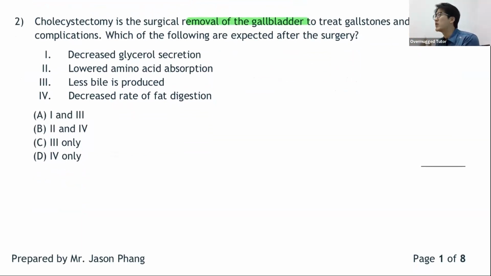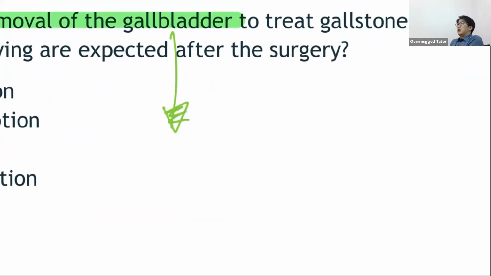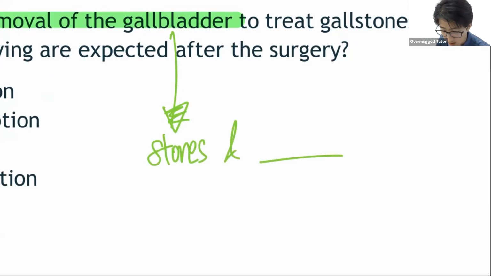Whenever we talk about removal of this, removal of that, the first thing that comes to mind has to be, ooh, no. What do you do? Gallbladder does what? Gallbladder does what? Store bile. And I'm glad you say store bile, but I want to add in one word here. Store then keep forever.